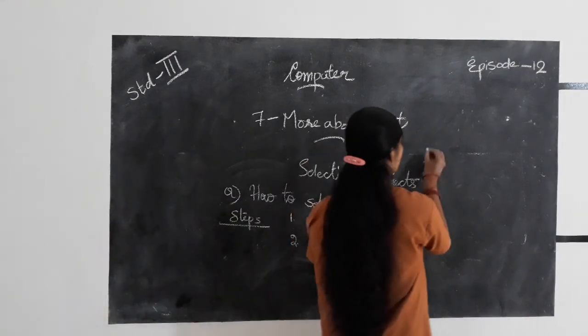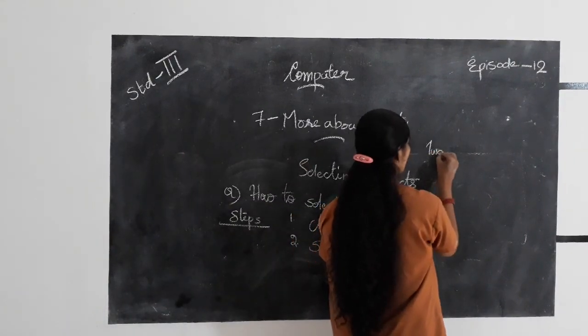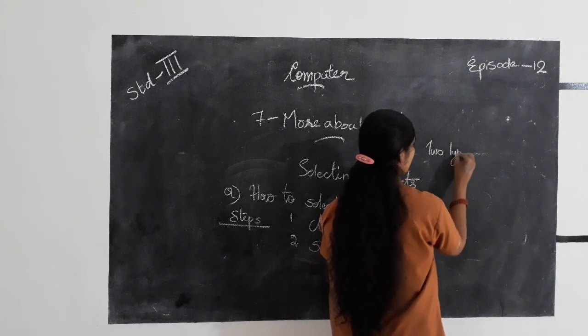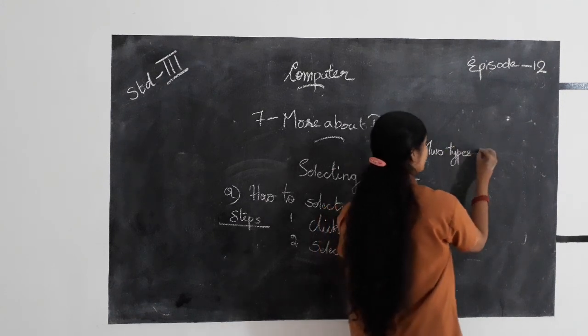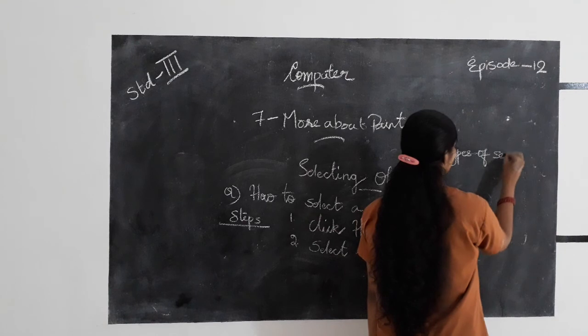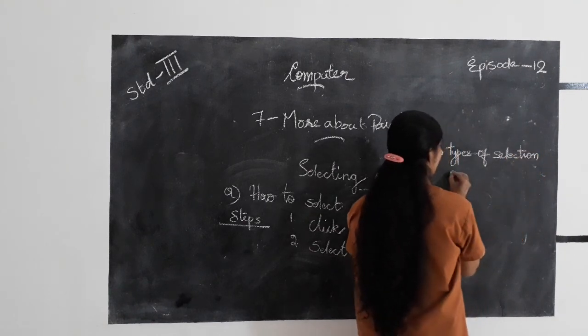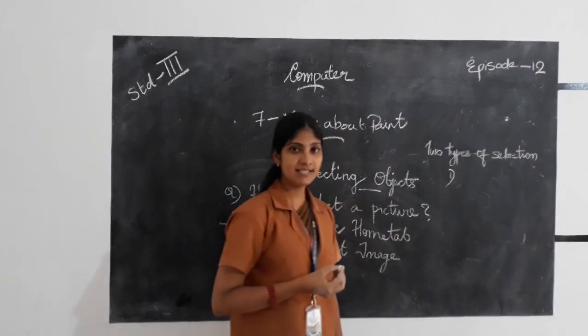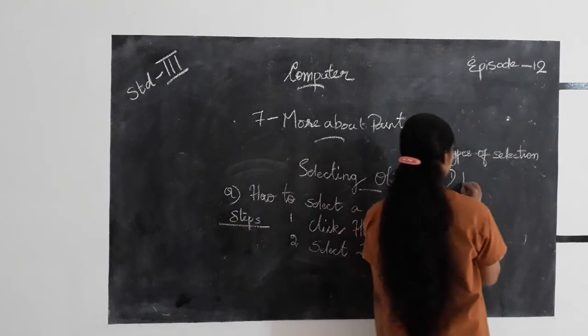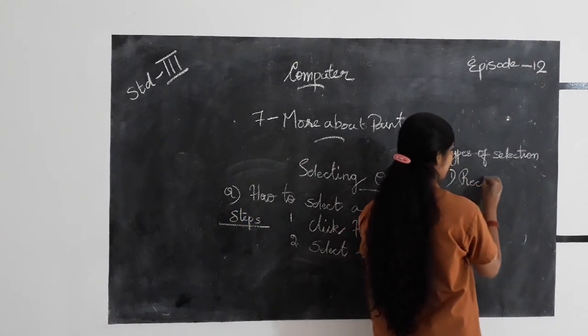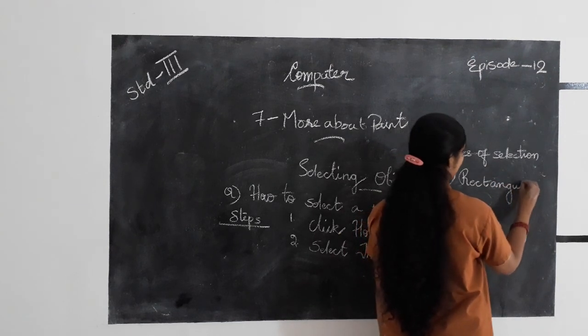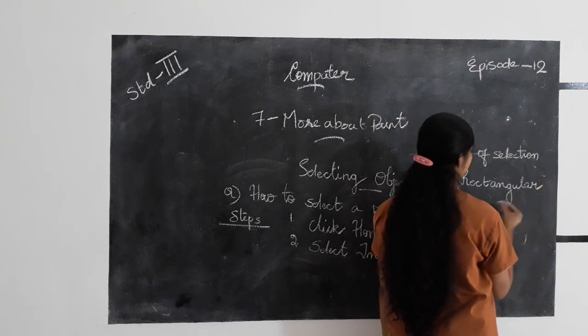There are two types of selection. First one, rectangular selection, R-E-C-T-A-N-G-U-L-A-R.